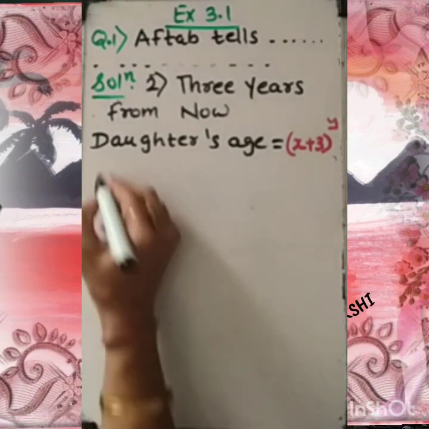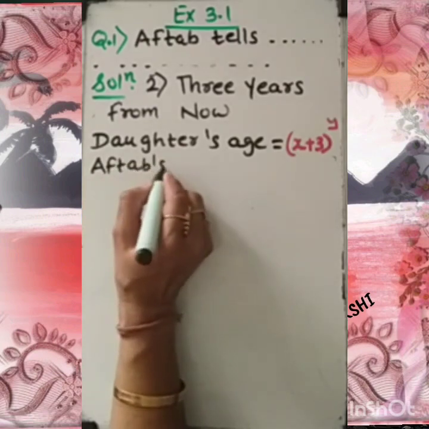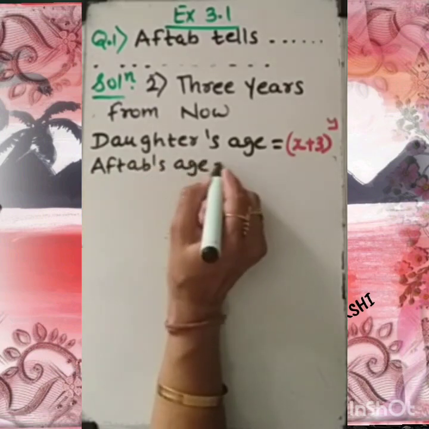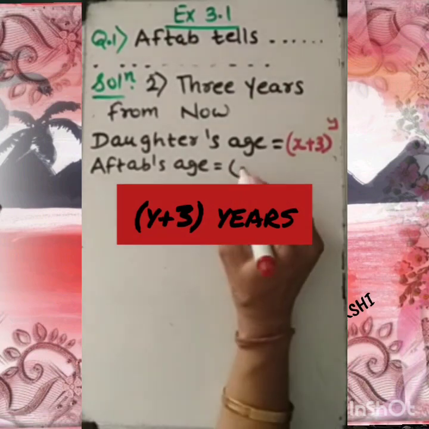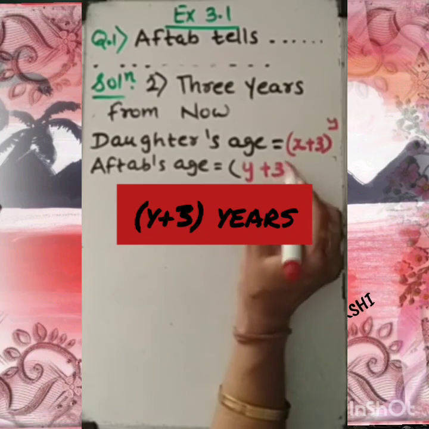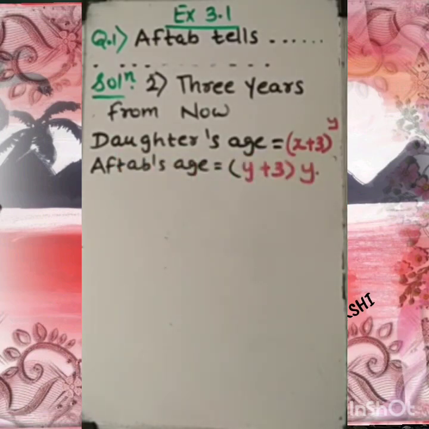And what will be Aftab's age after 3 years? Of course it will be y plus 3 years. Clear? So this is x plus 3, y plus 3. The statement says, I shall be 3 times.